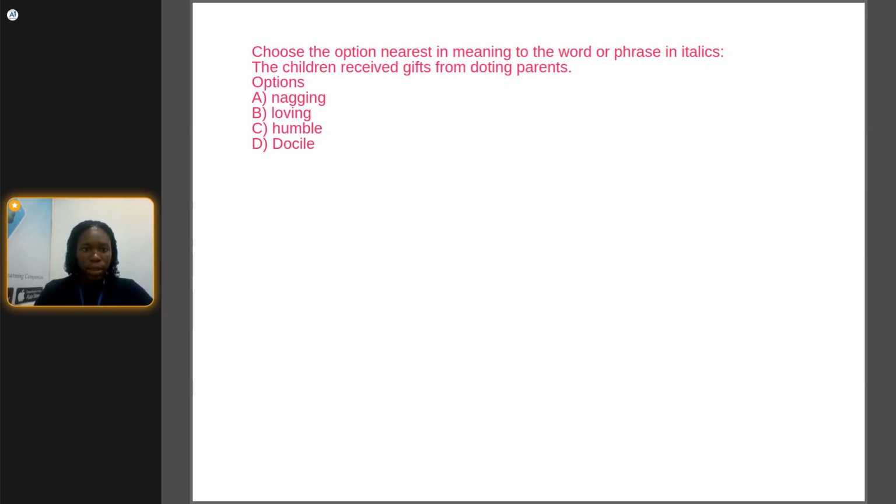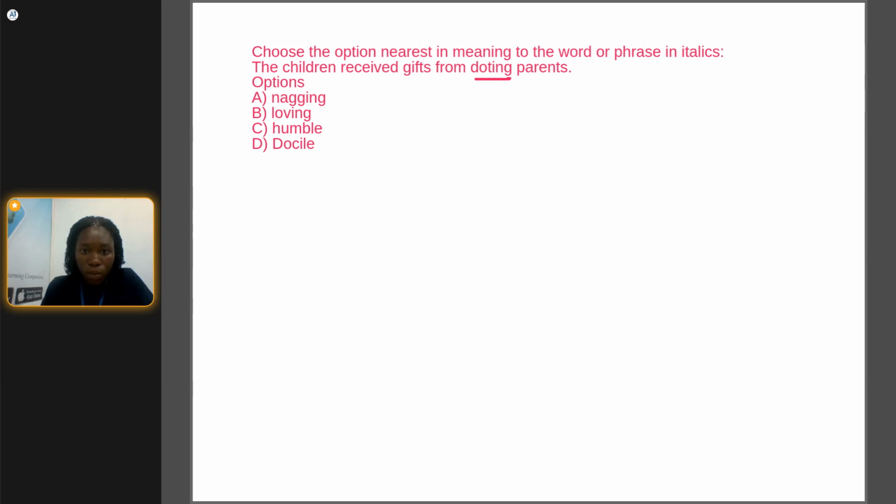It says, choose the option nearest in meaning to the word or phrase in italics. All right, this is actually not in italics, but for the sake of this class, I'm going to underline. Okay.